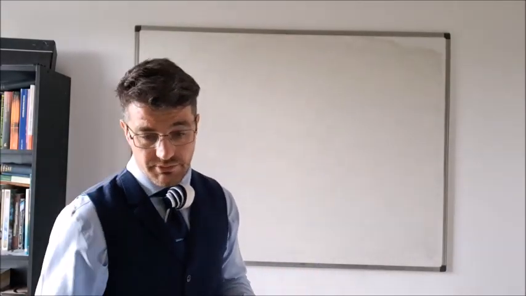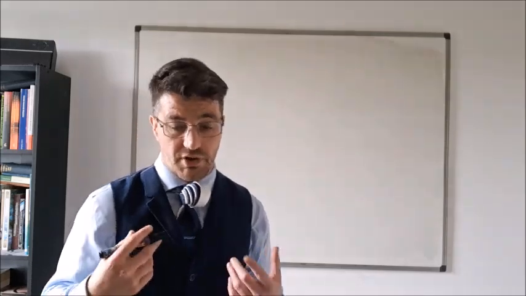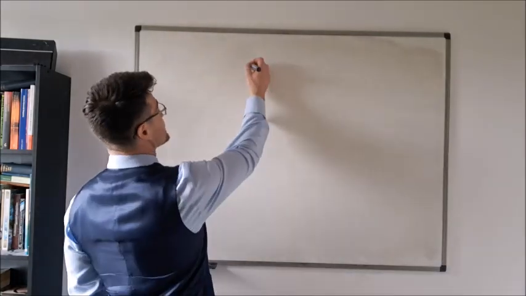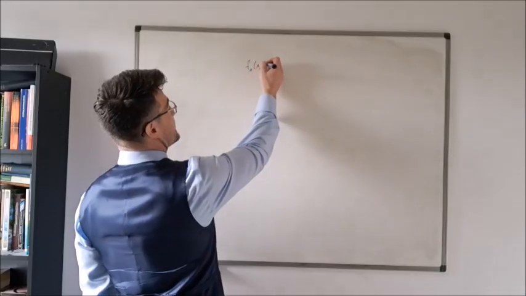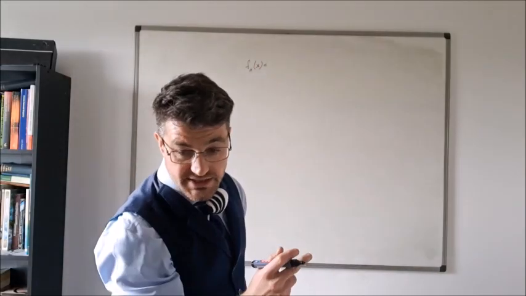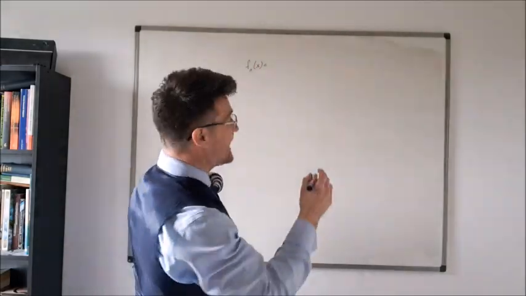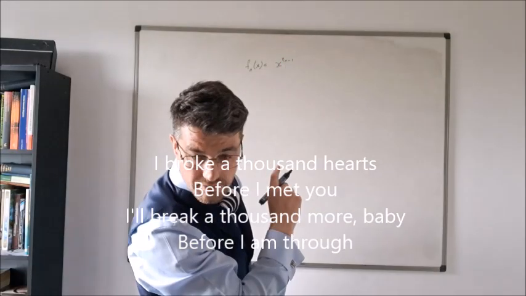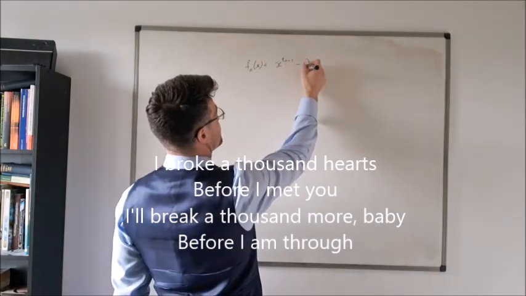So the information that we're given is as follows. For a positive whole number n, the function f_n(x) is defined by f_n(x) is equal to (x^(2n) minus 1) squared.